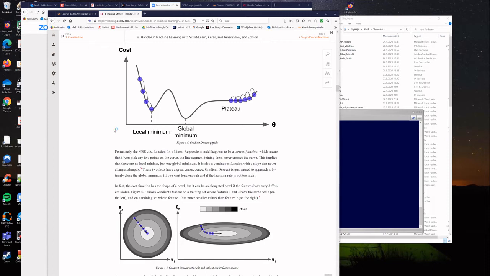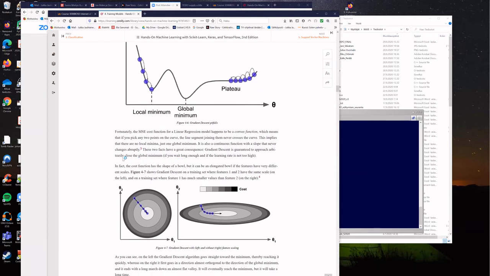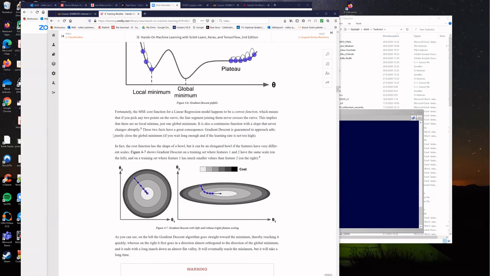So the gradient descent is guaranteed to approach the global minimum. But in this case, when the model function is so simple, it is faster to calculate.